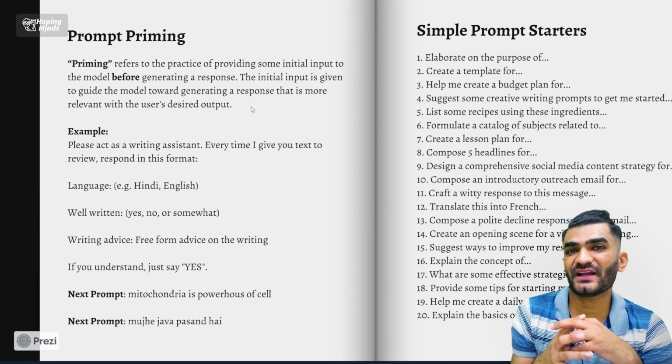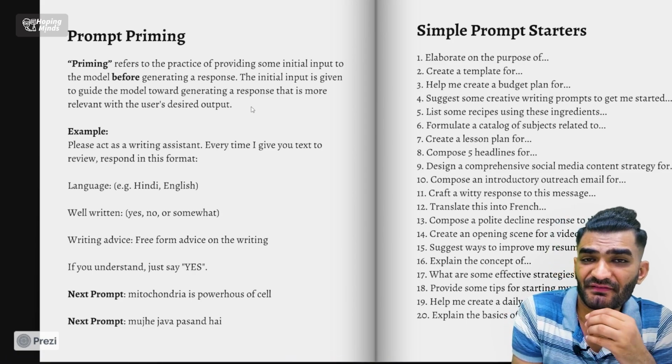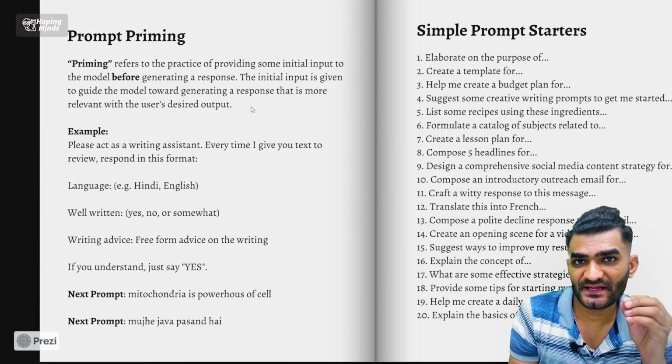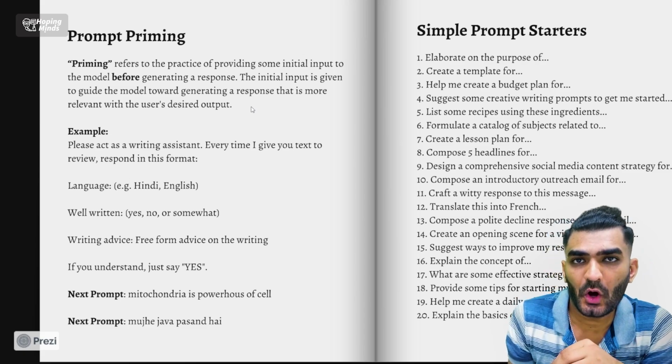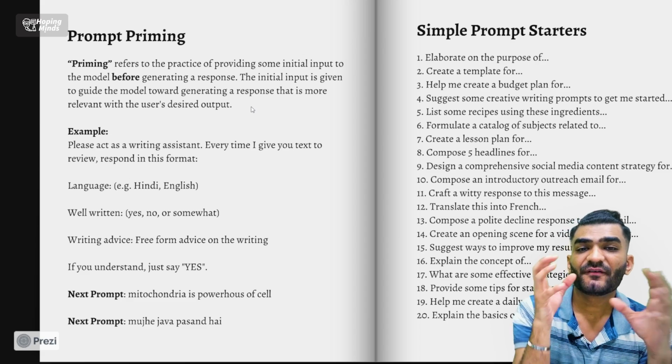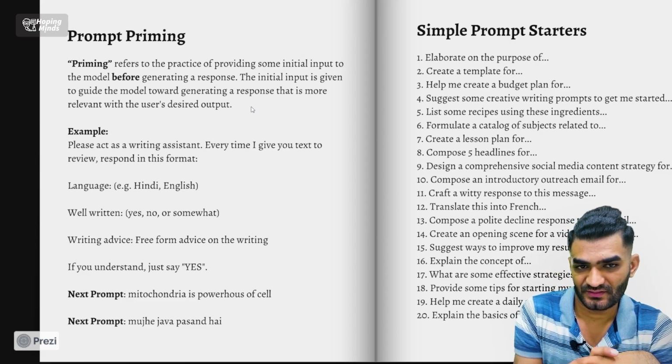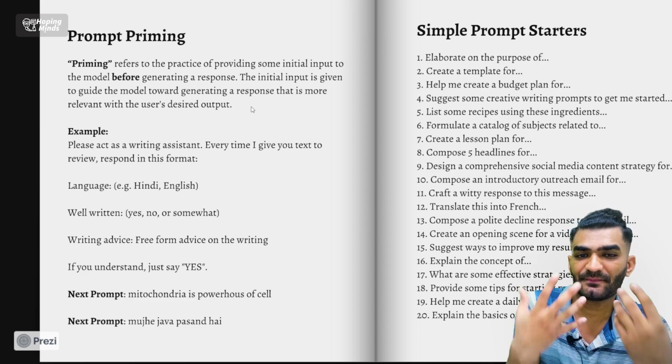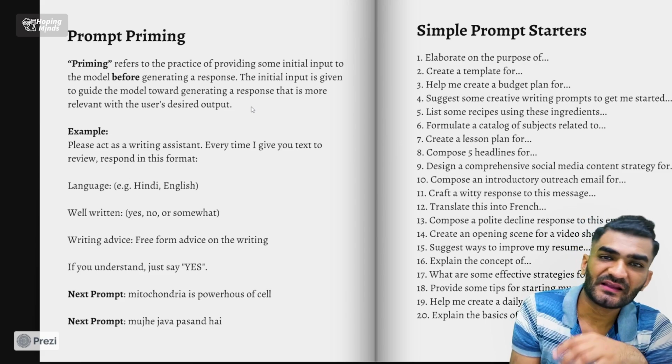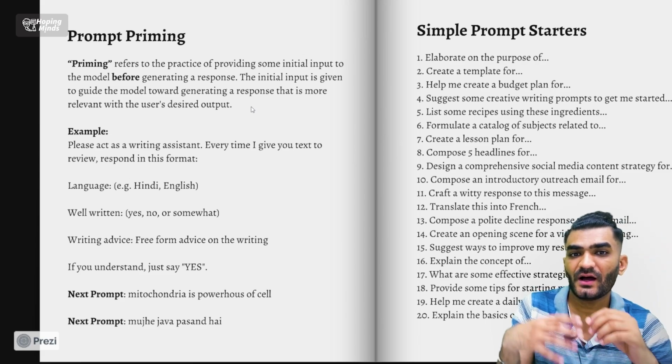Before generating the response, we give our model a few sets of information before getting our response. So that is what priming is.